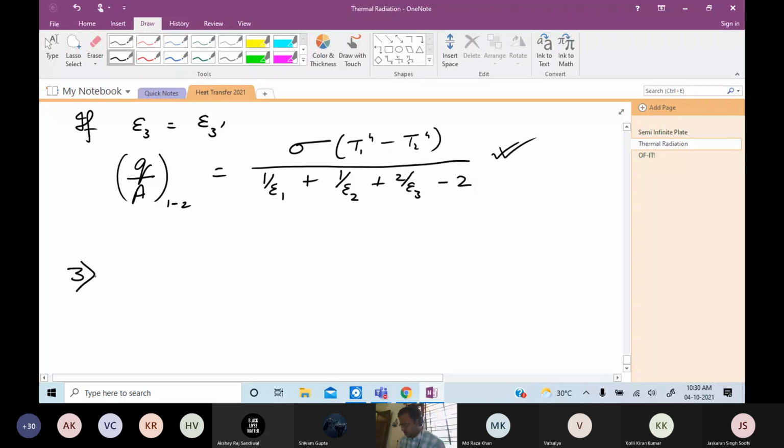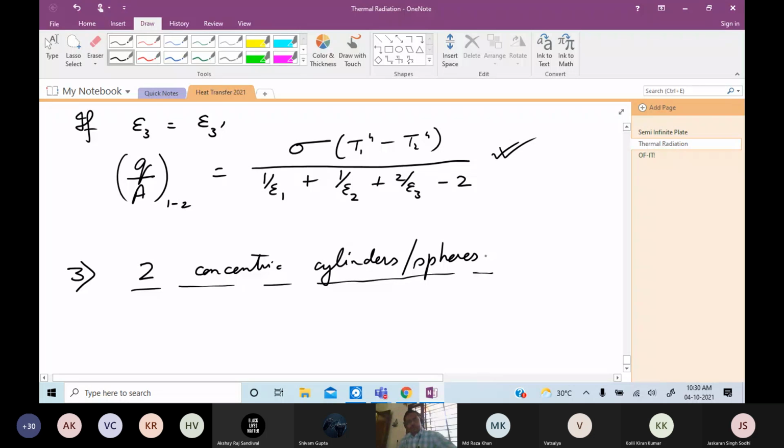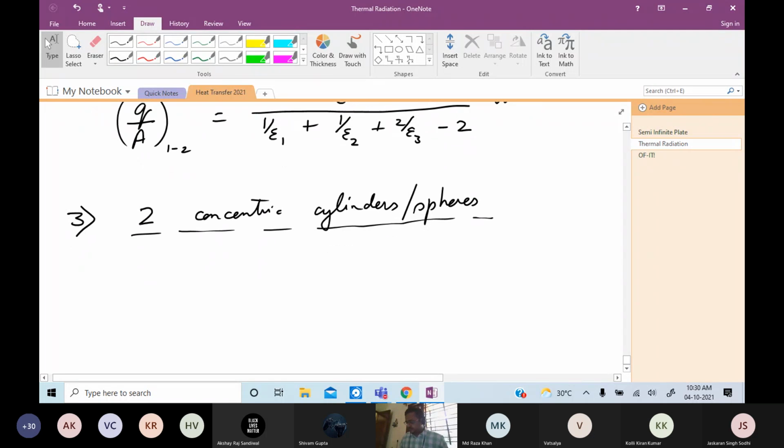How about annulus? Two concentric cylinders, which we know can be anything else also. Cylinders, spheres, concentric or non-concentric does not matter. I can write exactly the same. I'm not writing it anymore, I'm not drawing it anymore. That okay? Let me draw. Why leave it?